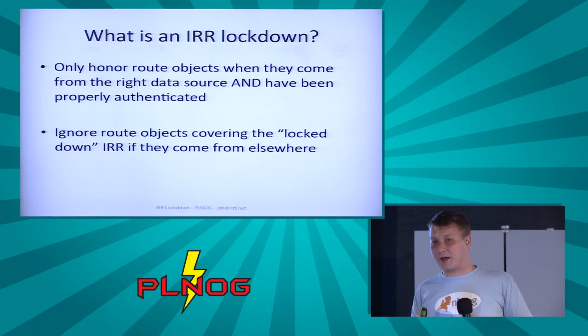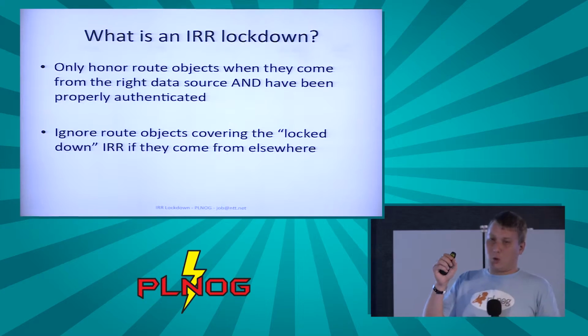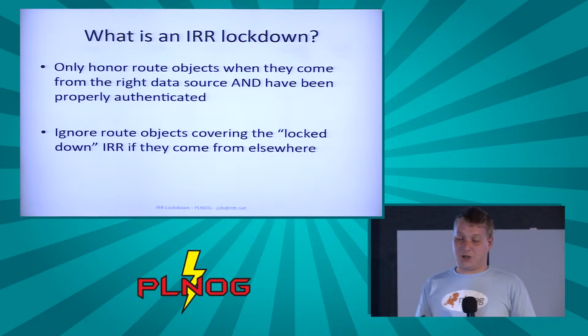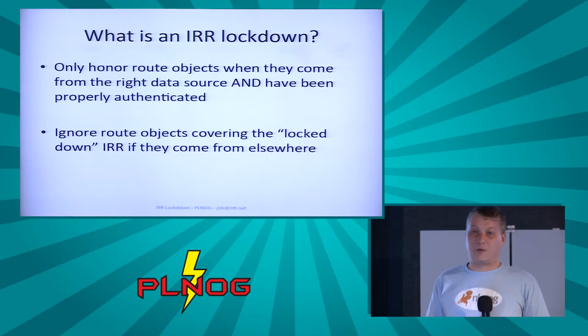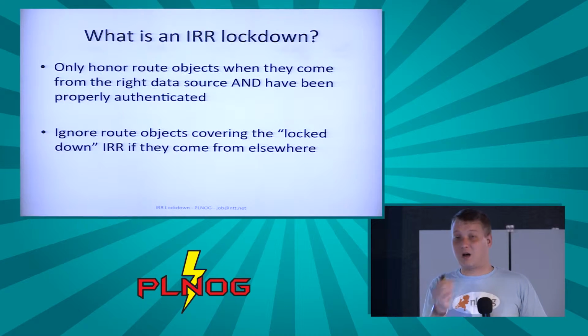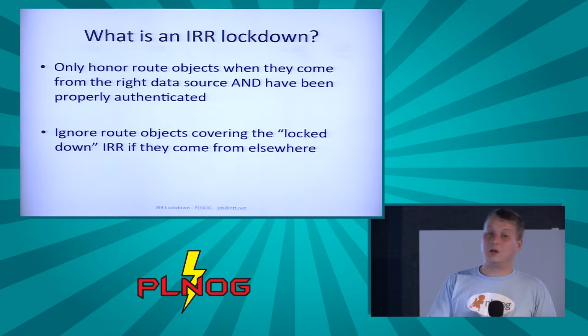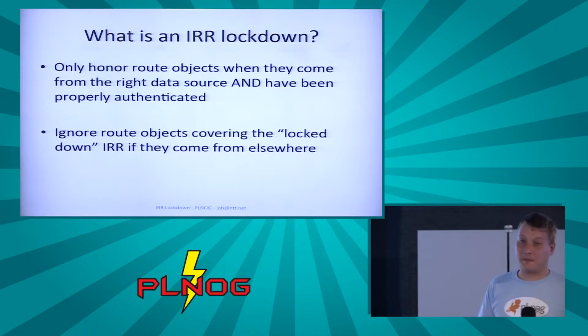In essence, an IRR lockdown is where we say we will only honor route objects when they come from the appropriate data source. For instance, we will only honor route objects that cover RIPE address space if they come from the RIPE database.